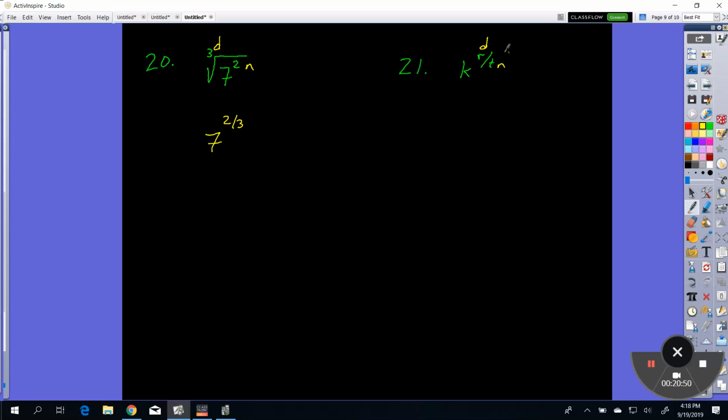So this is the power. This is the size. So this is the square root of t, k to the r power. So the d stands for denominator, n stands for numerator. So that's how those are related.